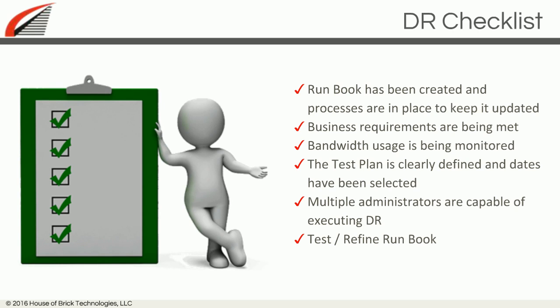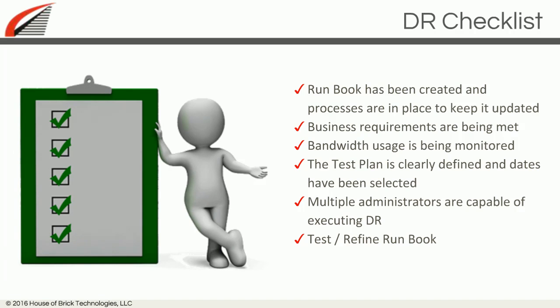So quickly with the DR checklist, monitoring that bandwidth usage is really important. You have to understand how your data rate is changing as your business is going through growth. And keeping an eye on, having that monitoring tool, being able to go back a month ago, a year ago and start to forecast, hey, what's it going to look like in another year if we keep the same growth going?